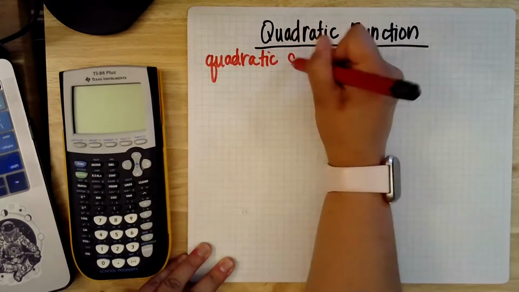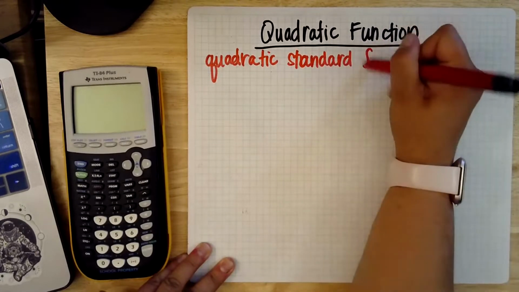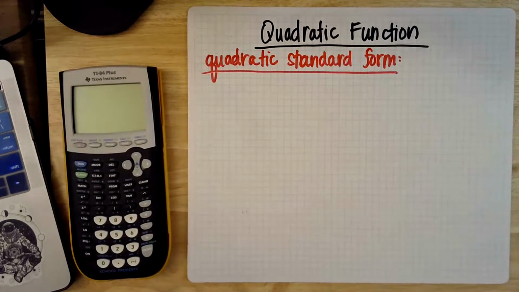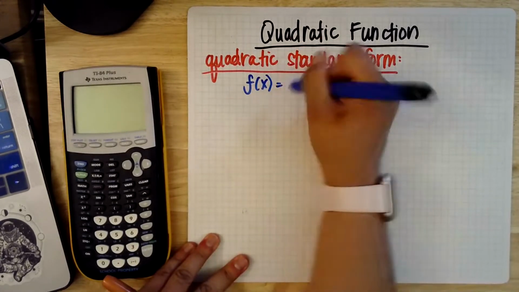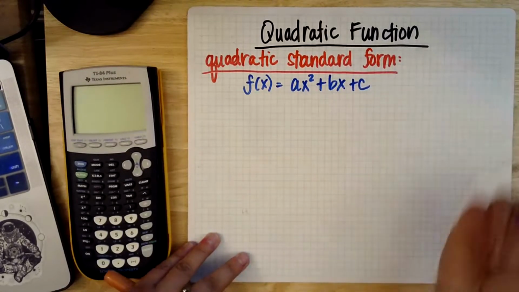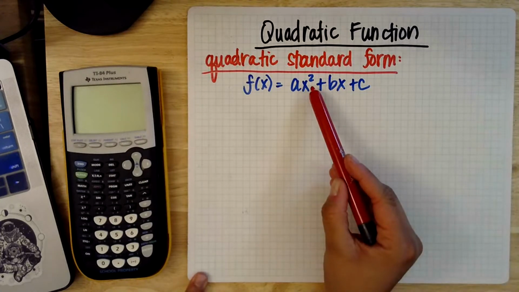So quadratic standard form looks like this: f of x equals ax squared plus bx plus c. Why is this a quadratic function? This is a quadratic function because it's to the power of 2.